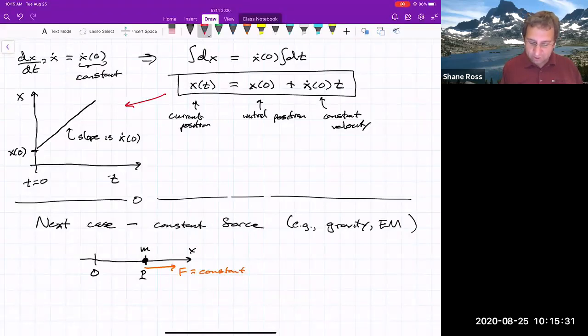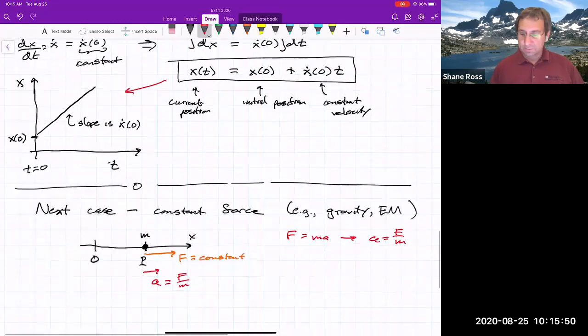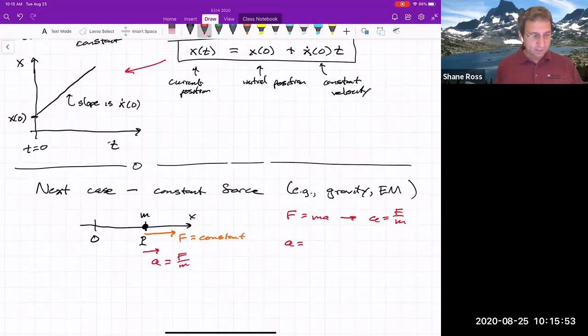All right, so the acceleration has to be in the same direction as the force, because we've got F equals ma, so we can just write that as a equals F over m. Okay, and then remembering, a is the time derivative of the velocity, or if you want x double dot, then this equals F over m.